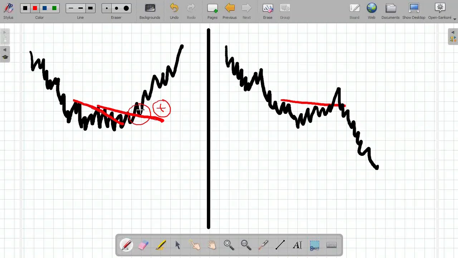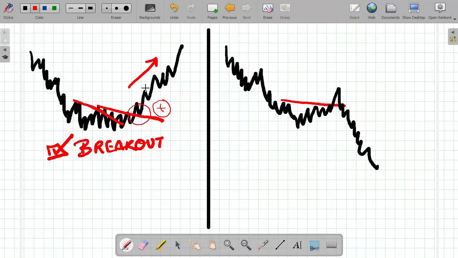I'm showing that in one chart, the breakout worked extremely well and it gave me returns. In the other case, a similar looking chart, similar looking breakout, but it did not work at all and I got stopped out or I got whipsawed.